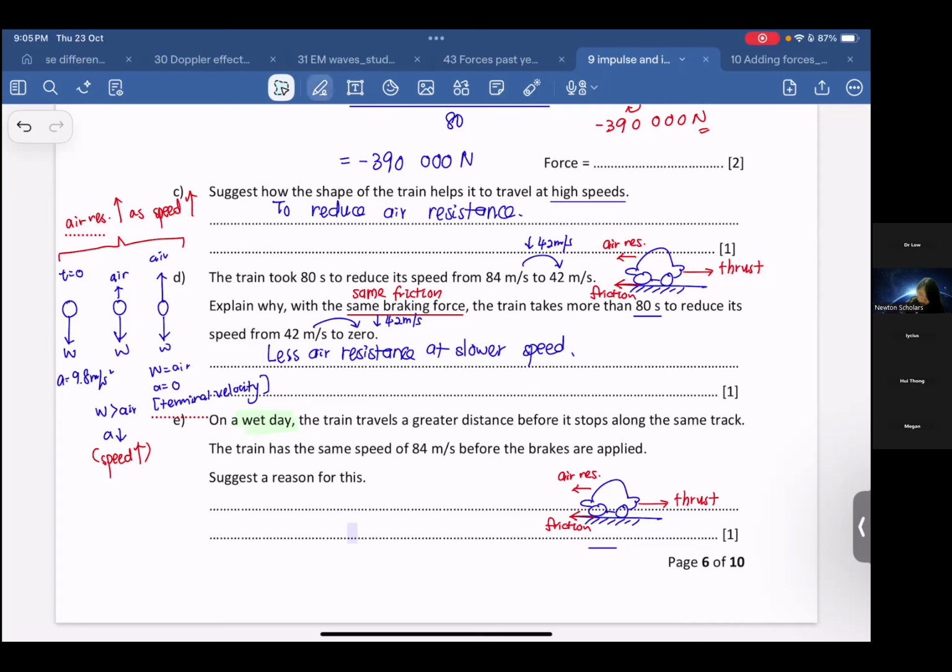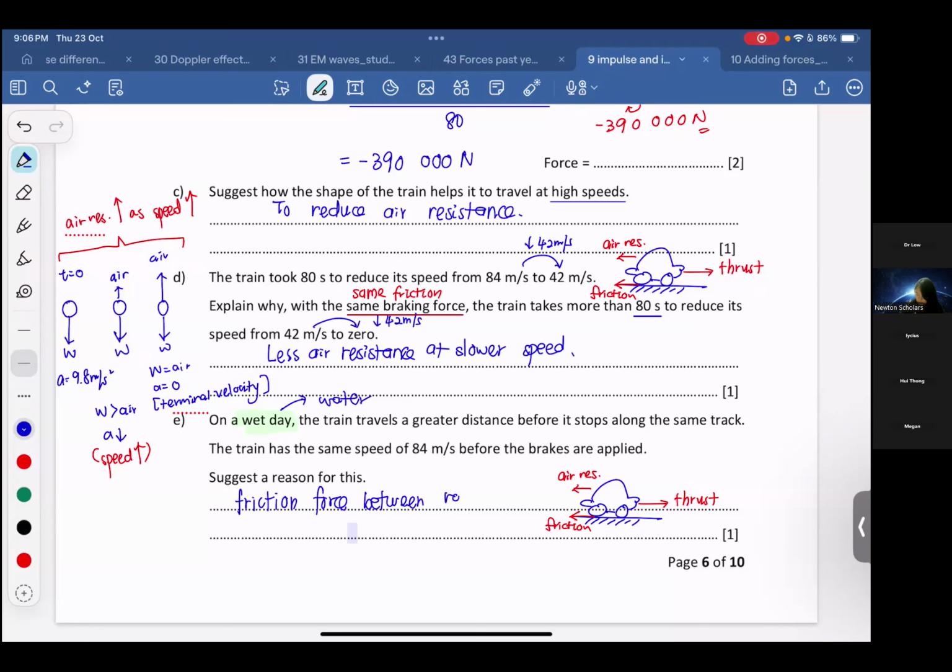On a wet day, ask yourself how the force that you experience changes. You got water, right? On the surface, between the surface of your tire and your road, in between them there is water. So actually it will affect your friction. Is the frictional force more or less on a wet day between rails and trains?